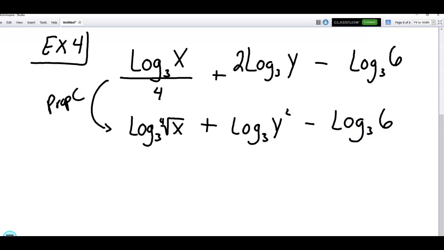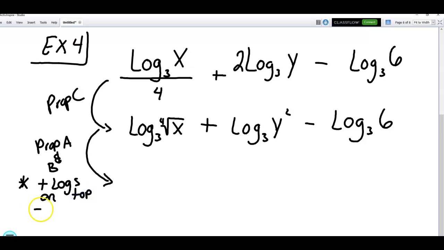All right. So I'm going to make a little note here. We're going to do properties A and B at the same time. And I'm going to encourage you guys to write a little note here. Positive logs are going to go on top. Negative logs go on the bottom. I'll show you what I mean by that.